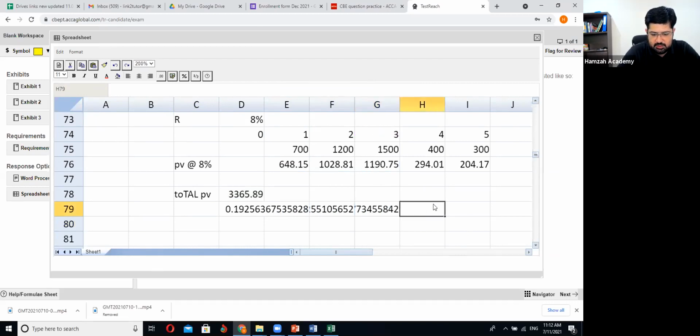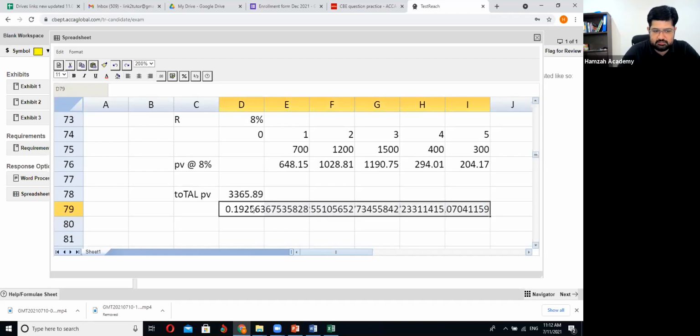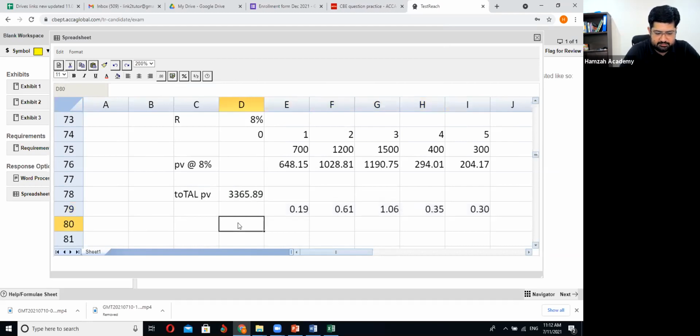Now, sum of all that. So I have merged two steps, you see. 2.52, your answer is right. 2.52, your answer is correct.